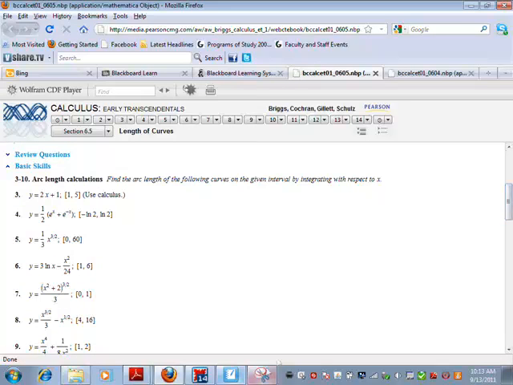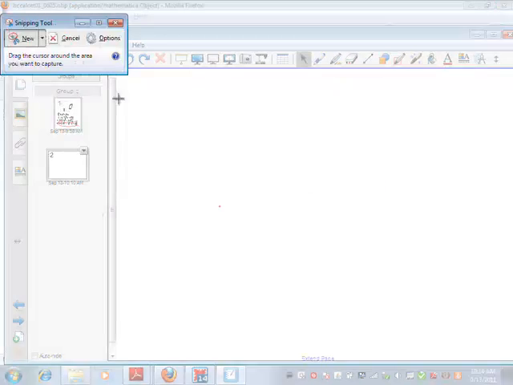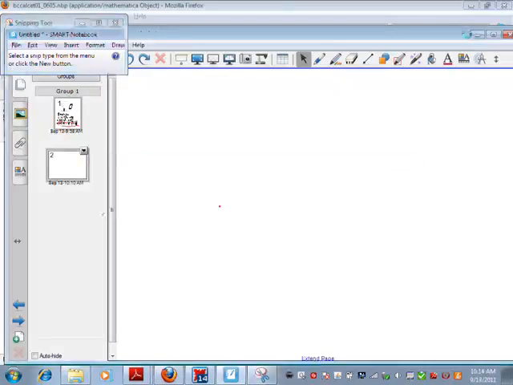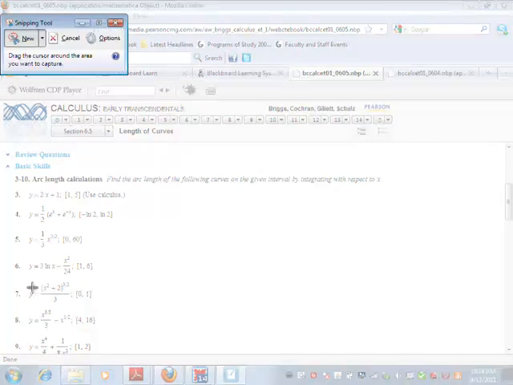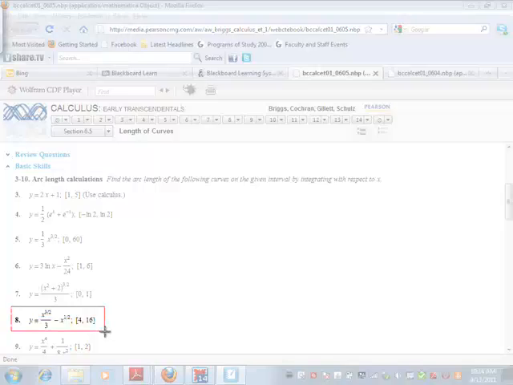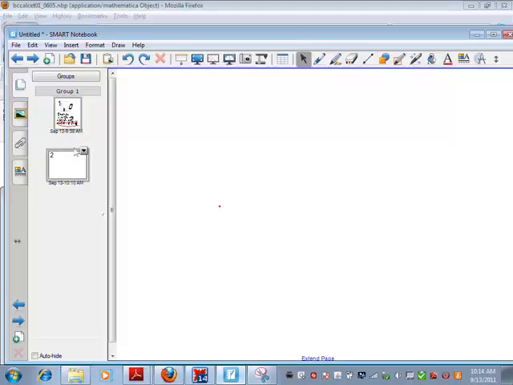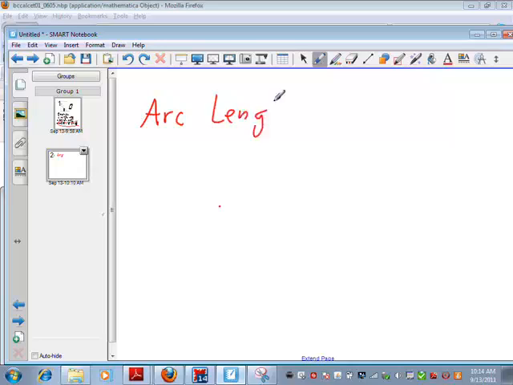All right, the length of the curve. This one. Let's see. And the question, of course, is, and we'll remind ourselves about the length of the curve. It's called arc length, okay? The length of the arc.